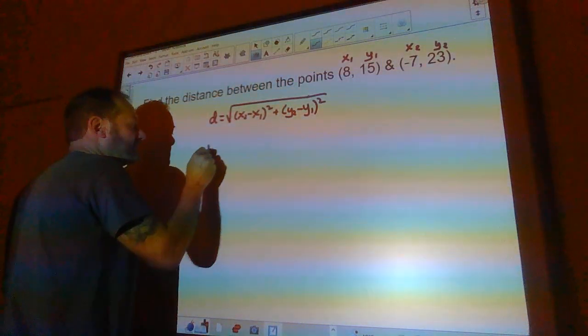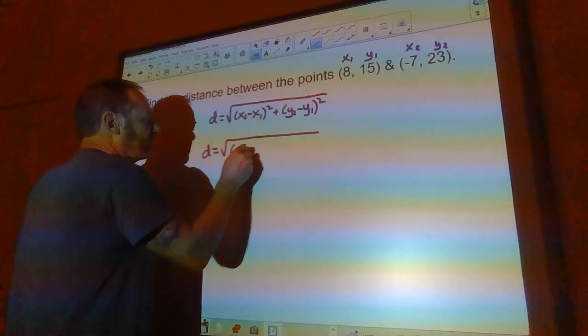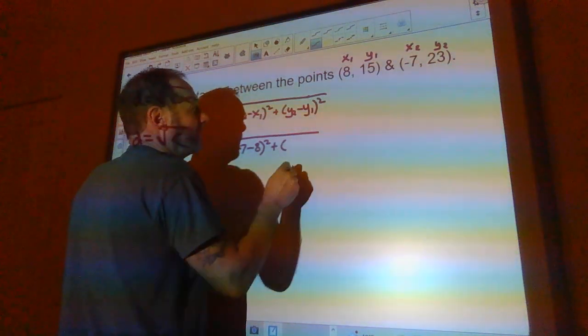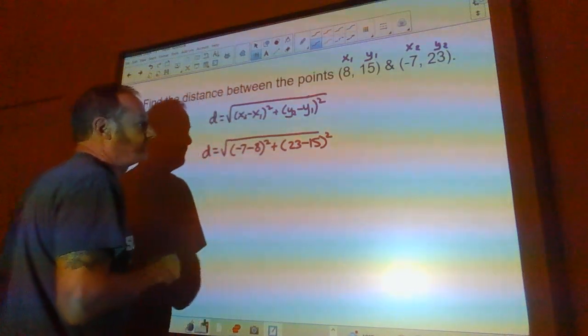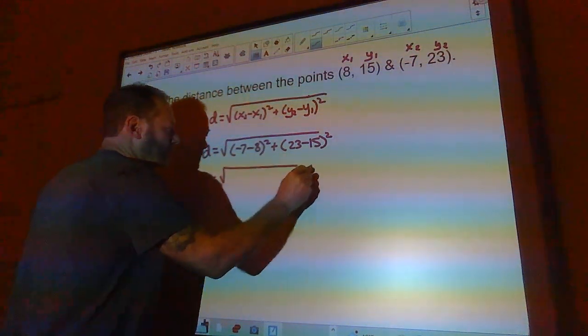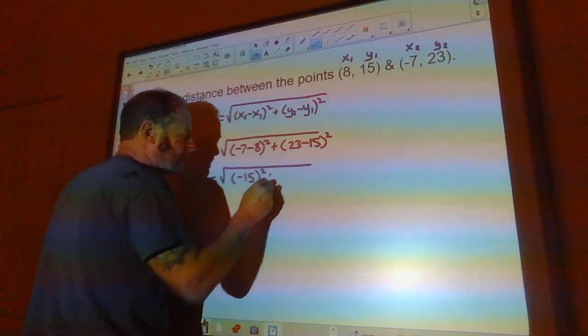Okay, so distance would be the square root of negative 7 minus 8 squared plus 23 minus 15 squared. So this is going to be negative 15 squared.